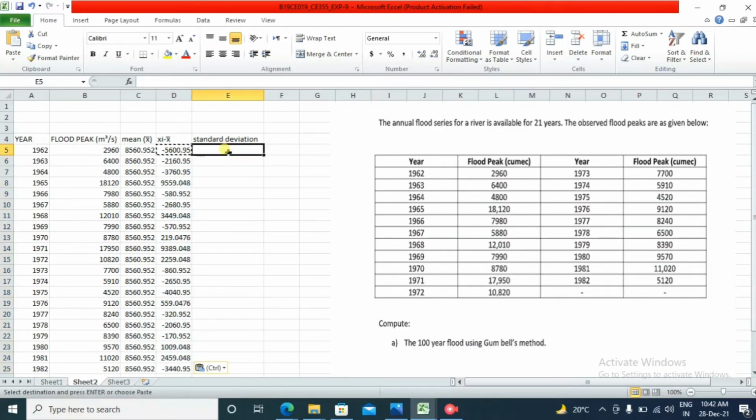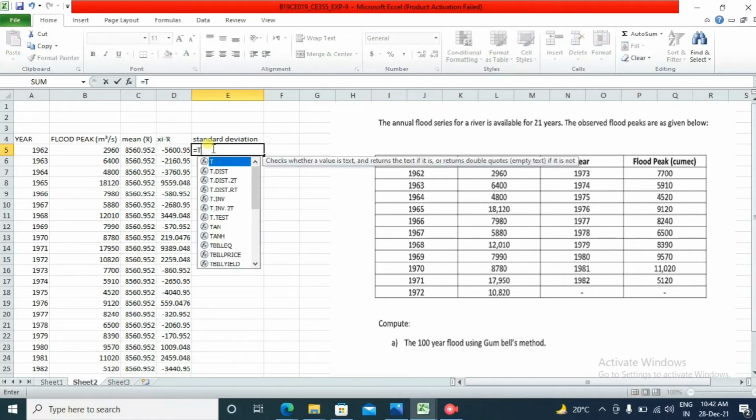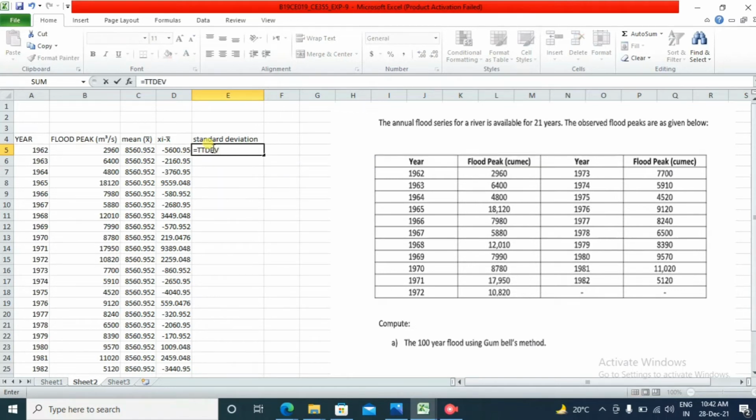Now I need to calculate the standard deviation. For the standard deviation we will use the formula: equal to sign, STDEV, and from D5 to D25.